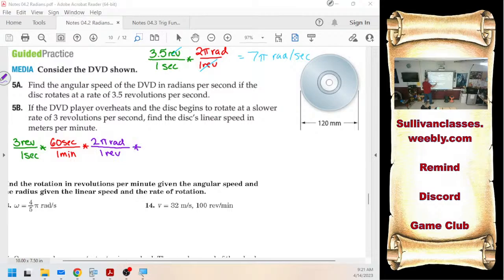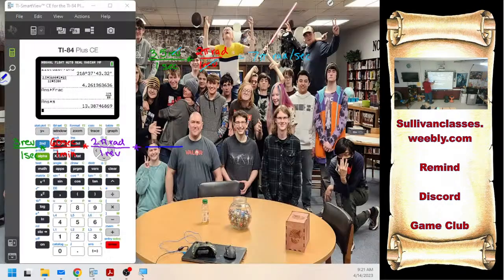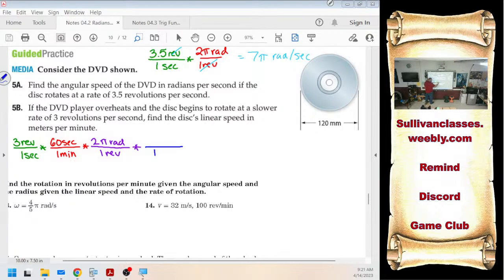Last time I wrote out the radian radius thing. I'm telling you that's not necessary if you understand that now that I'm in radians, 1 radian of angle is equal to 1 radius of length. So what is the radius of that CD? 60 millimeters.